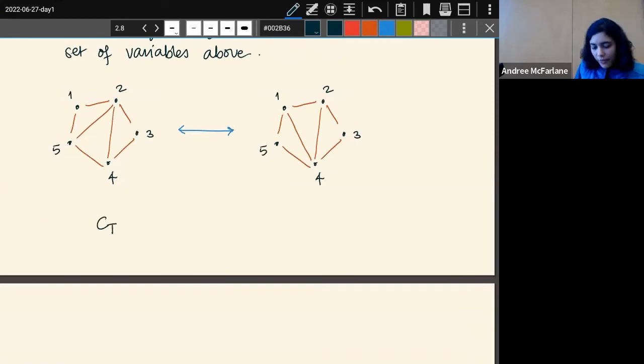Flipping is a reversible process, but at the moment I'm going to give you a recipe which produces C_T prime. So this is T and this is T prime.